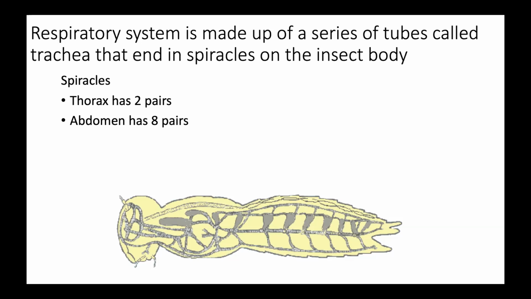Then there are aquatic insects, and they can get their oxygen from the dissolved oxygen in the water. Some of them have gills, like dragonfly nymphs or naiads, which are aquatic nymphs. Some aquatic insects are only aquatic for a portion of their life.